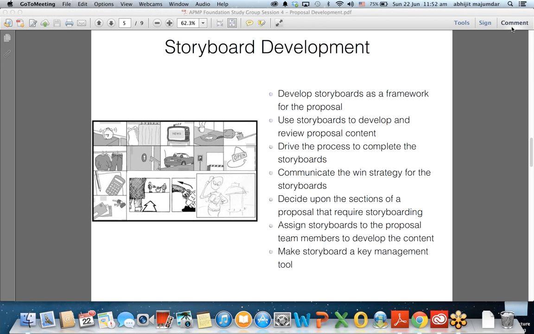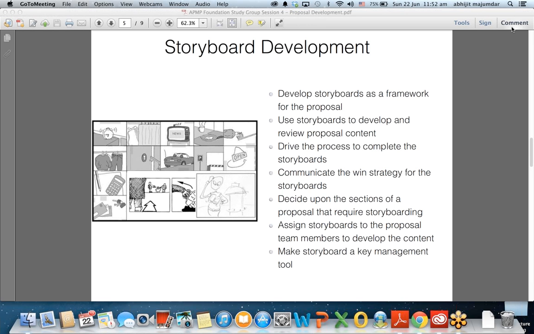Also, the proposal storyboard provides you the pointers on where you can pitch your win themes. When we were doing the proposal strategy development, we talked about the win themes, the key messages which need to go to the customer to form an opinion about us, to tell them this is why our proposal is the best proposal and the best solution for the customer.